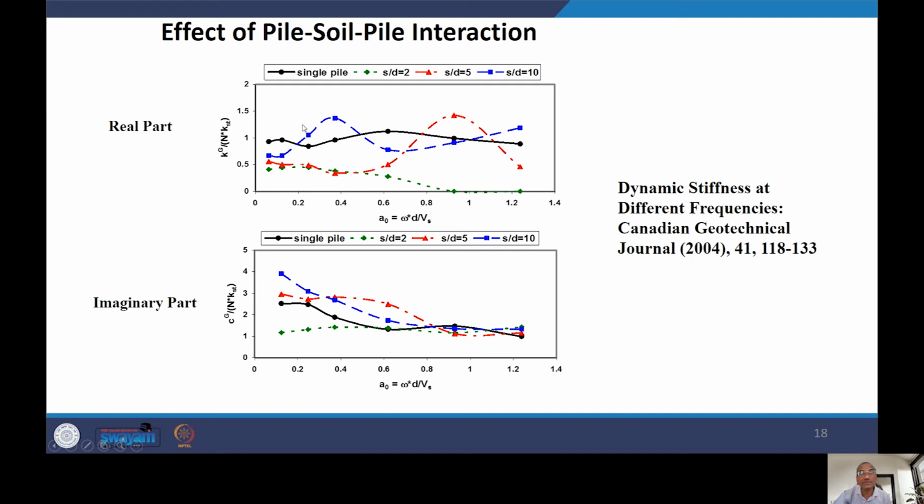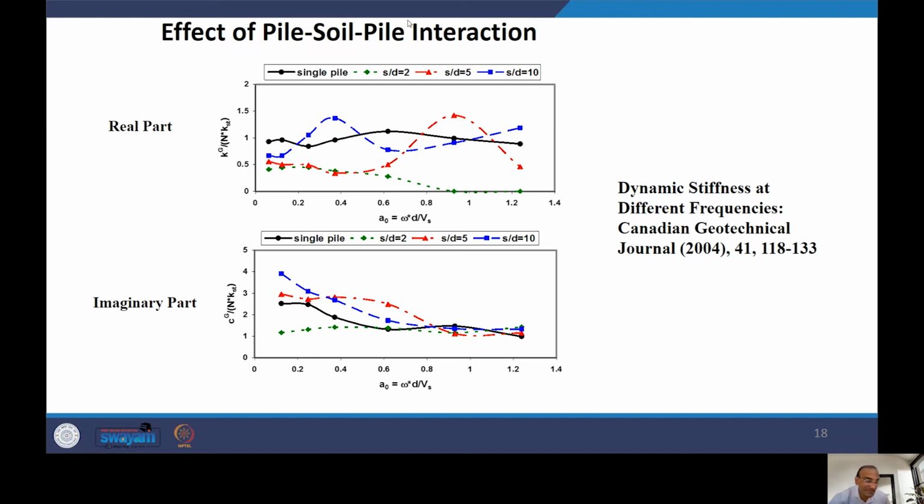But when you consider spacing between piles as S by D equal to 5 and S by D equal to 10, then the difference is that the effect of frequency is significant, because you could get peak values here. This was for S by D equal to 10, but for S by D equal to 5, you get the peak here.